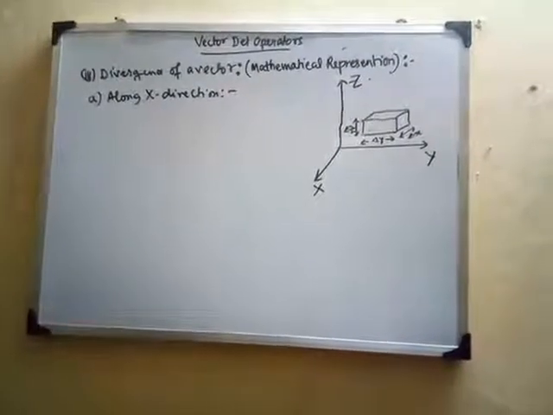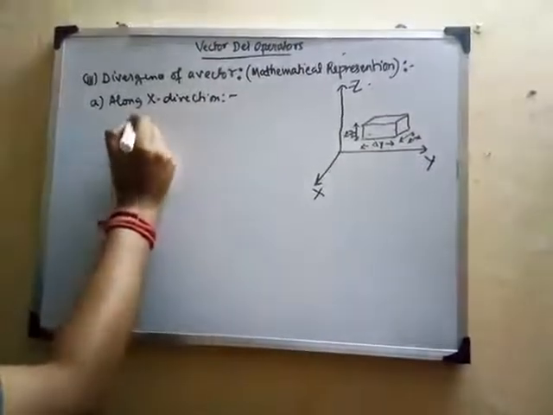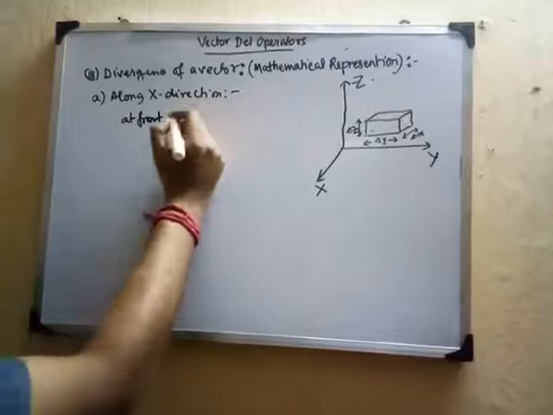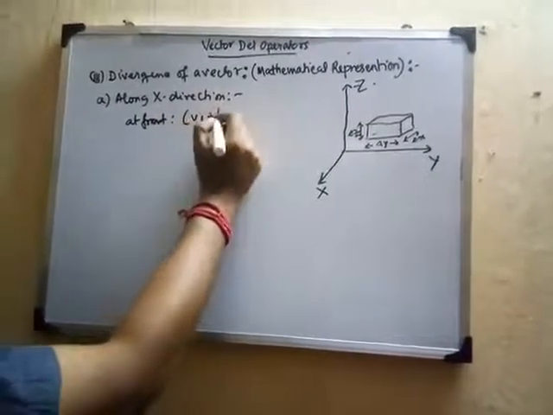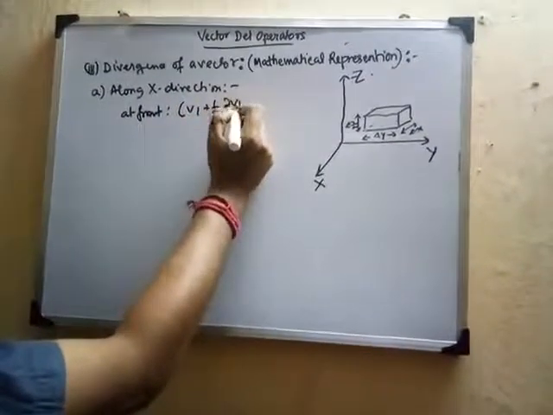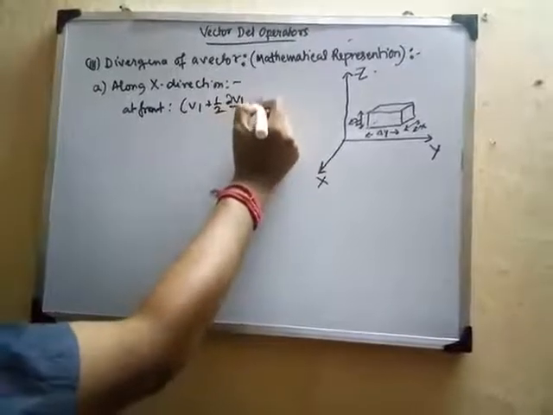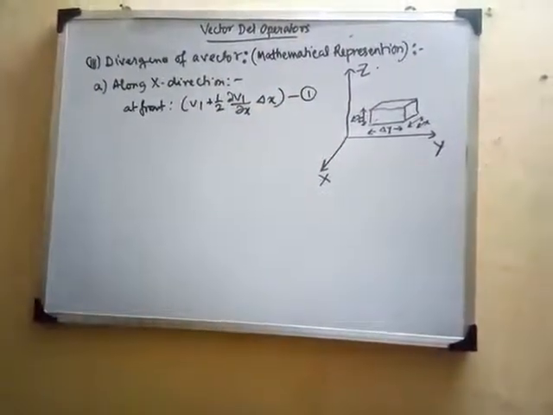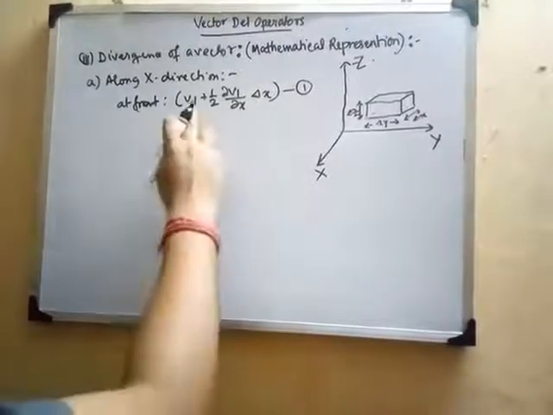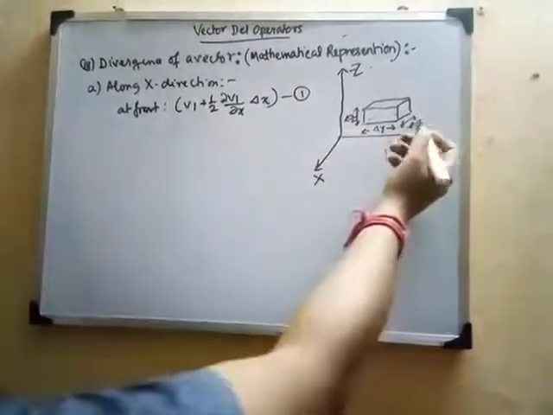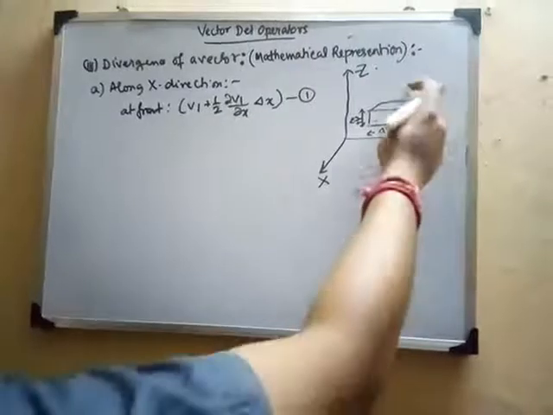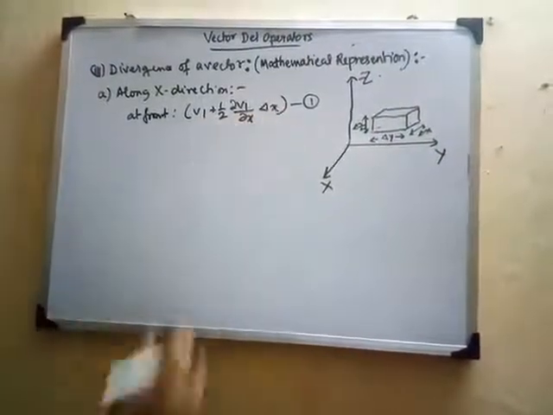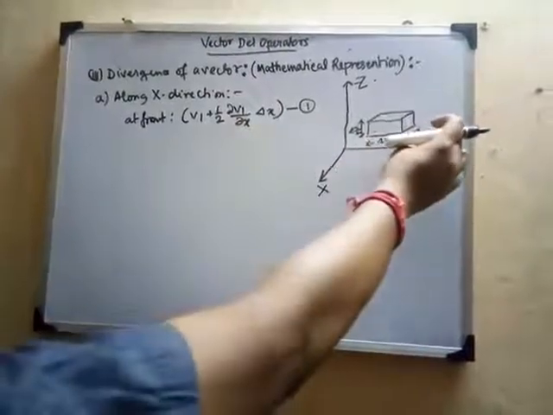So we can write at front, v1 plus half of del v1 del x del x. This is our equation 1. At the front side, v1 is the component in this x direction, and this is the increment at the front side.